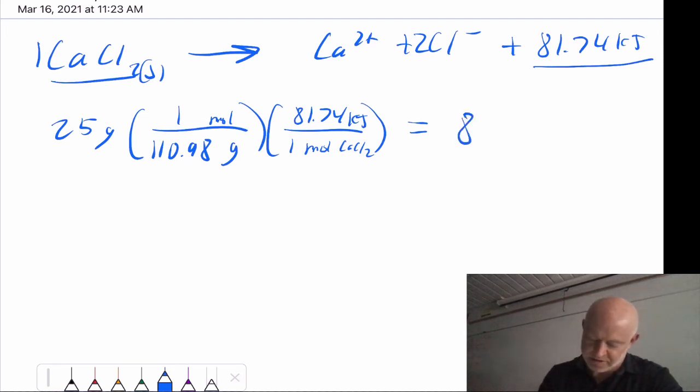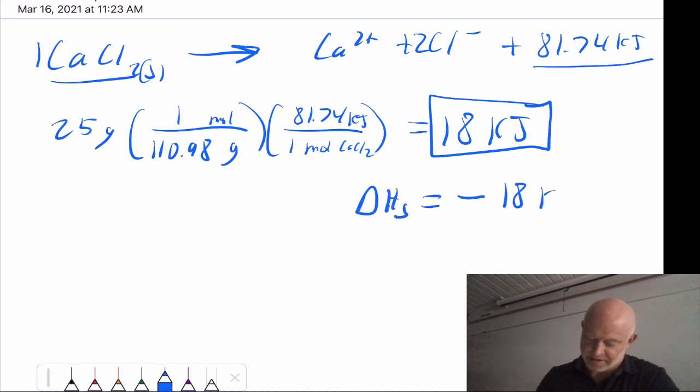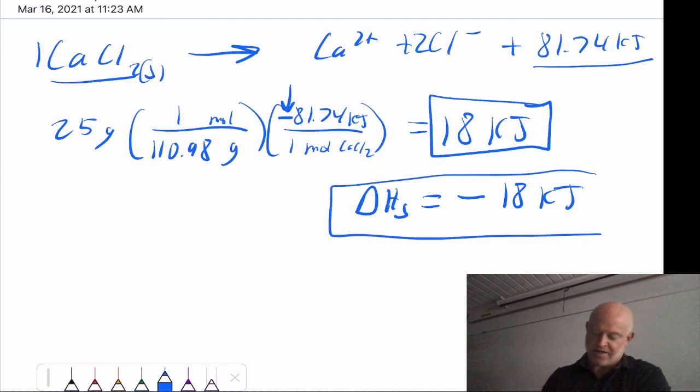So that releases 18 kilojoules of energy. Because it's exothermic, my change in enthalpy would be negative 18 kilojoules, because this is a negative value inside here. So make sure that you identify that negative in your math.